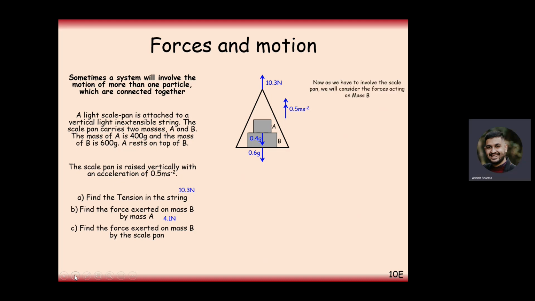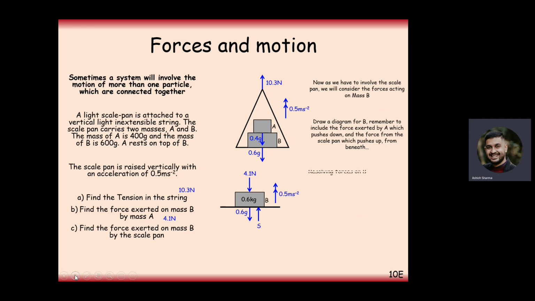Right, part C: find the force exerted on mass B by the scale pan. Now that we have to involve the scale pan, let's consider the forces acting on mass B. I'm going to draw a diagram for B. We've got the weight, we've also got 4.1 newtons acting from A on B, and we've got a clear contact force of the scale pan on B. And that is also accelerating.